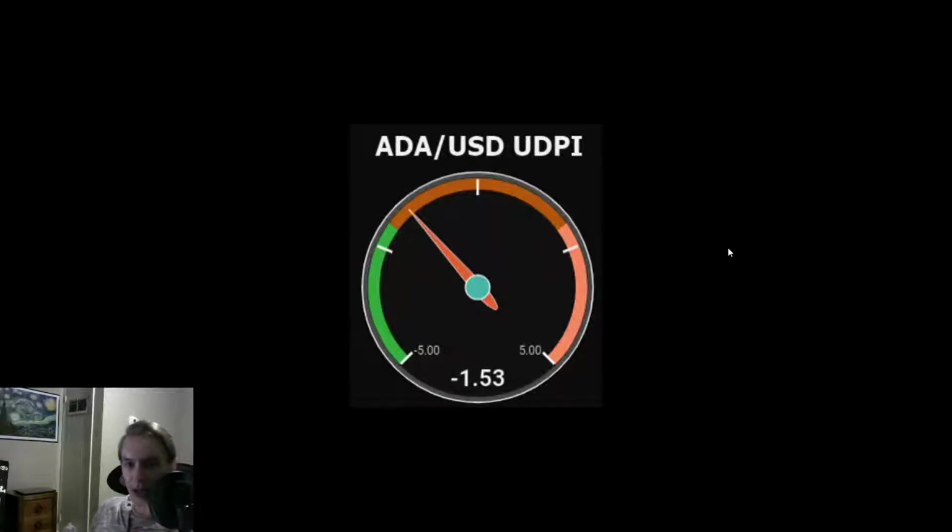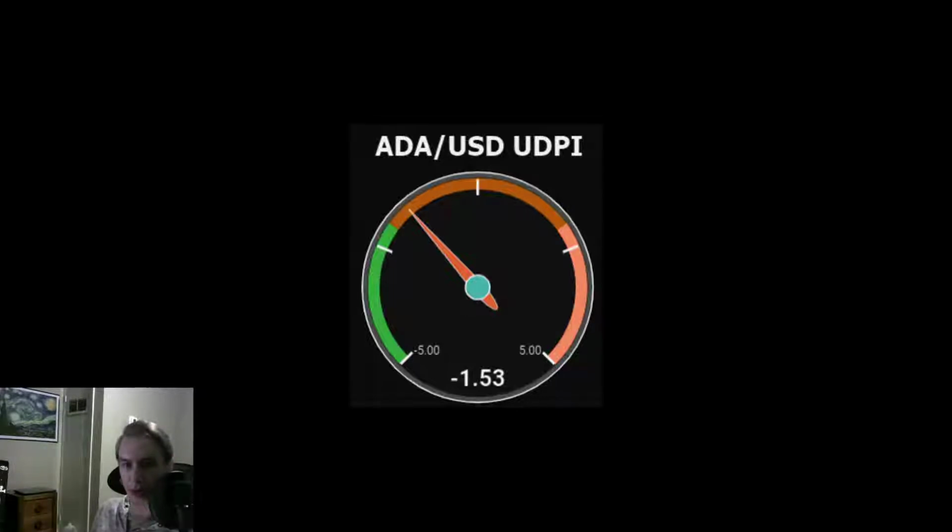So I also want to talk about where the UDPI is currently. As I mentioned, it's really in a pretty tasty zone right now. It's at negative 1.53. Anything below 0, I personally consider as being a buy signal, so that you want to start acquiring. And then the further it gets below 0, the better buy it is. So again, this isn't financial advice, do your own research, but right now, ADA is looking pretty tasty.